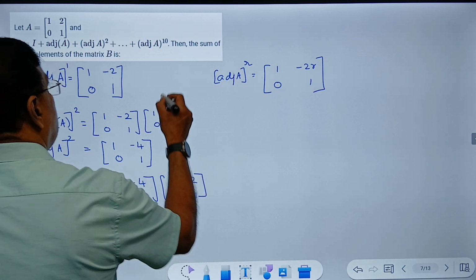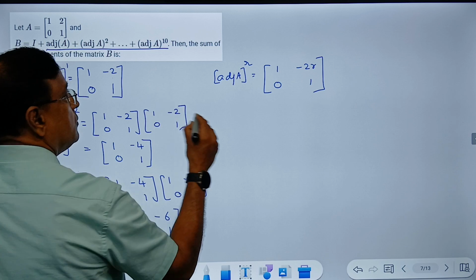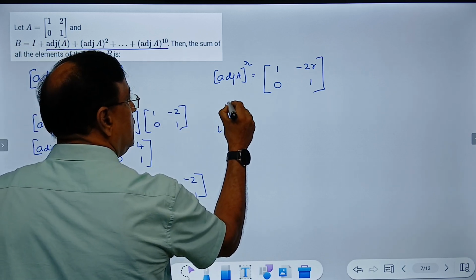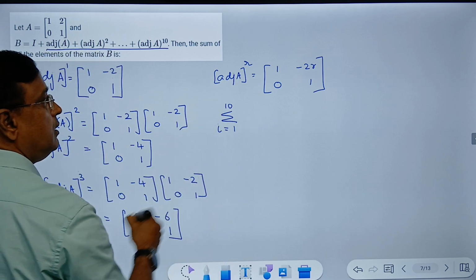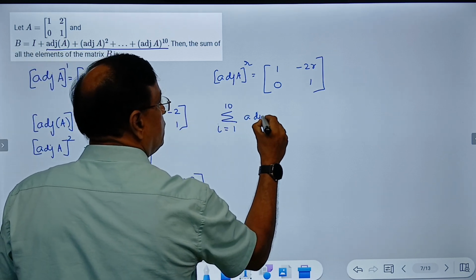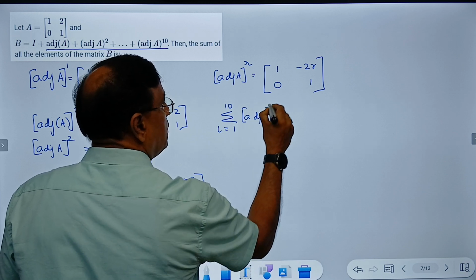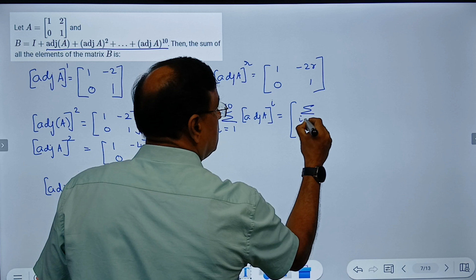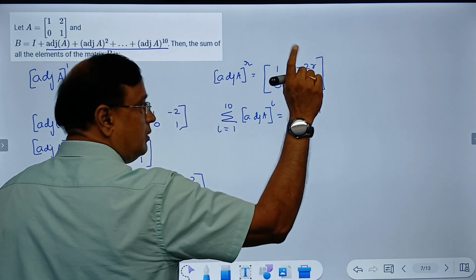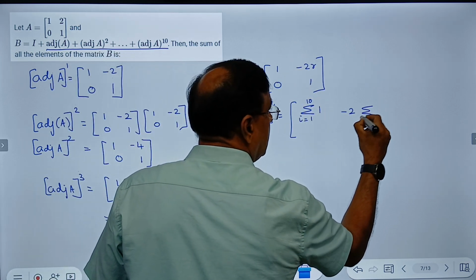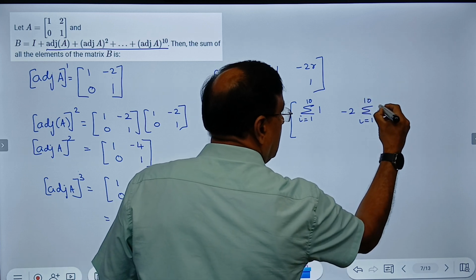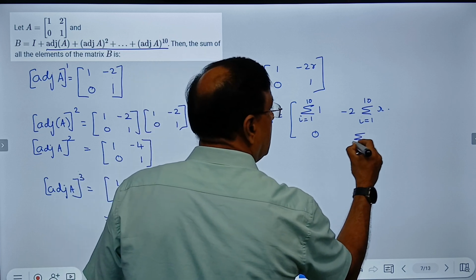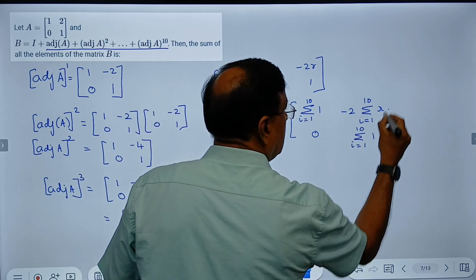But I want to add all this matrix, right? So I will take sigma i equal to 1 to 10 of the adjoint of A whole power i. You can send the sigma inside: sigma i equal to 1 to 10 of 1 minus 2 times sigma i equal to 1 to 10 of R, which is 0, because if you add it any number of times it is 0, and sigma i equal to 1 to 10 of 1.